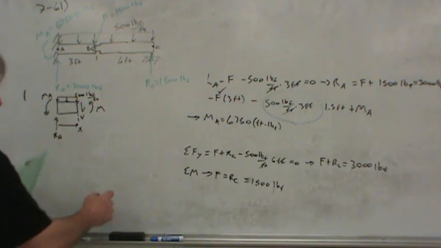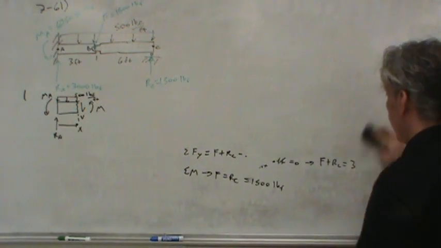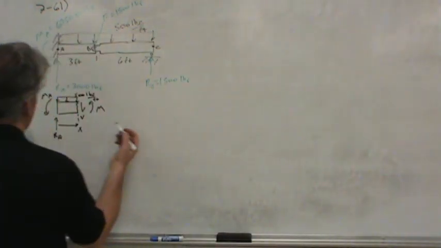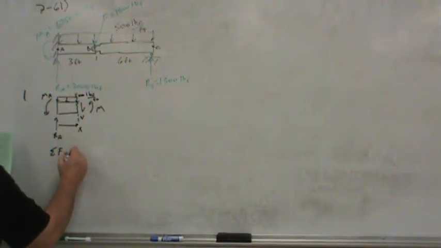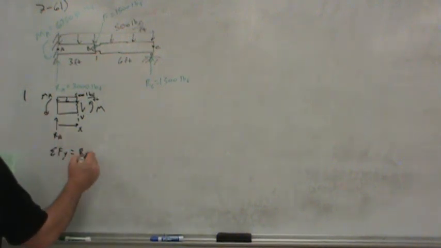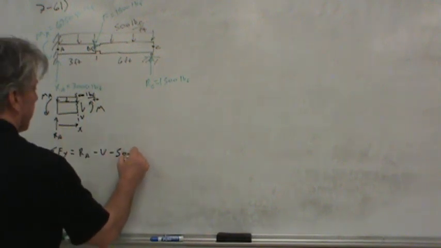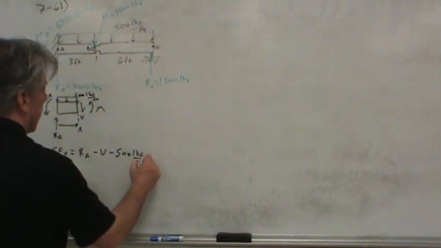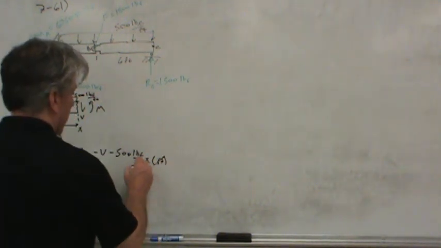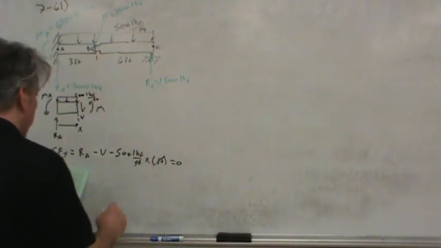Well, what will we do? The same thing we do all the time: apply the equations of equilibrium. We've got a new free body diagram here, a new toy to play with. Let's sum forces in the y direction. We'd have RA acting up, minus V acting down, minus 500 pounds per foot times x feet. That sum should come out to 0.